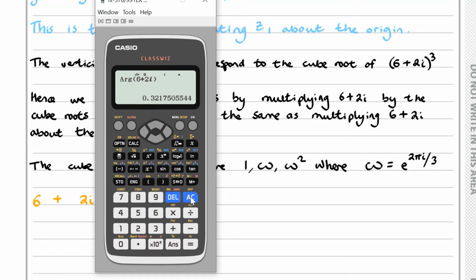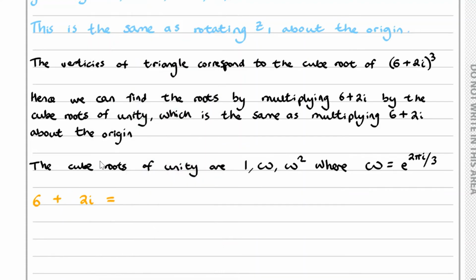However, for the modulus, actually, let's write this out in full. The modulus of 6 plus 2i is equal to 6 squared plus 2 squared, square rooted, which is root 40.